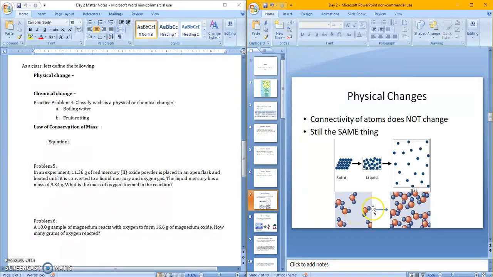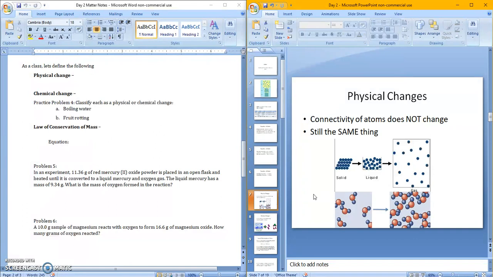But no matter what, they're still water molecules. It's still an oxygen with 2 hydrogens. Okay? So a physical change, nothing changes except for maybe how the substance looks or how free the molecules are to move, but it's still water.